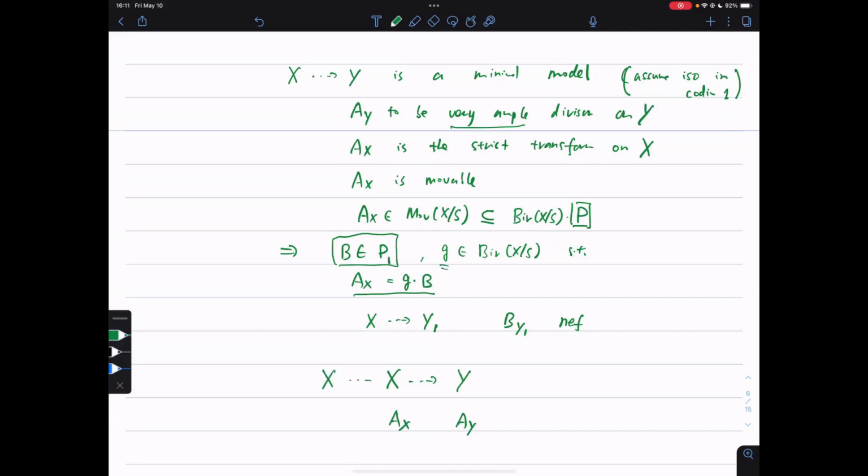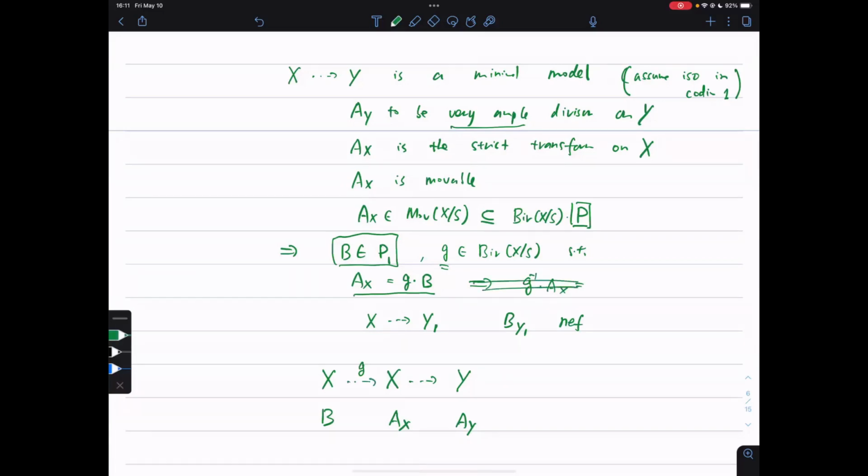From here you have g inverse of A_X equal to B.